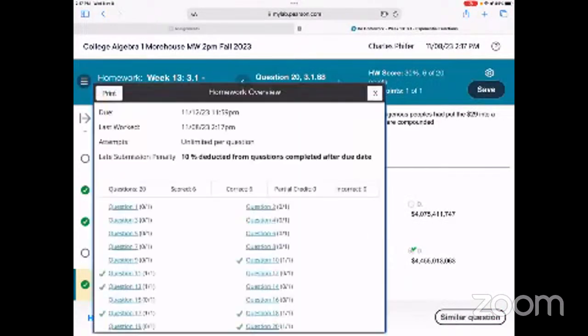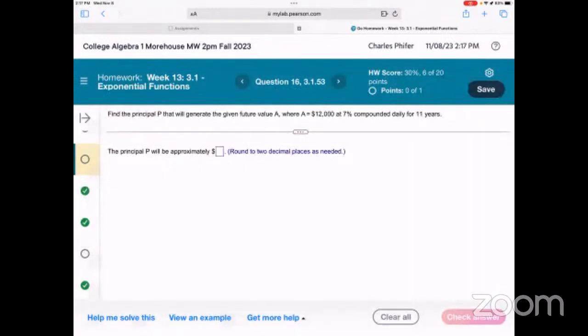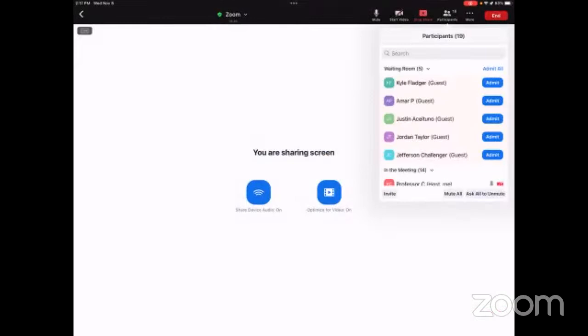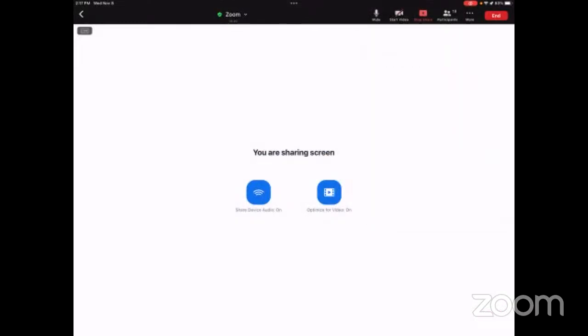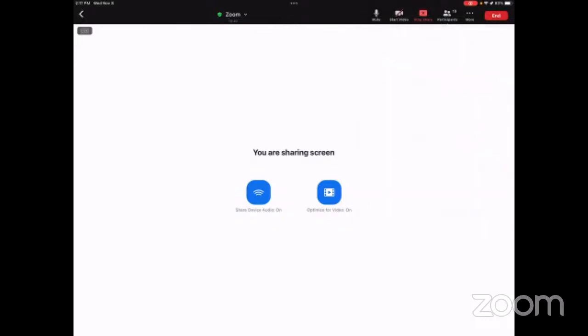Hey, Google, give me a random number between 1 and 20. Here's a random number, 16. Okay, we'll do 16. Let me check on you guys in Zoom. Letter B. Got a total of this.